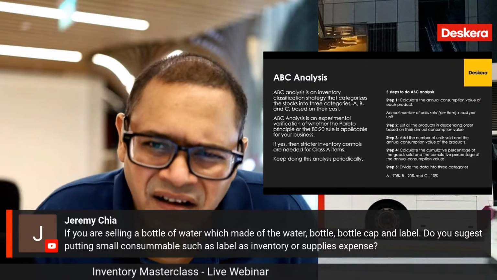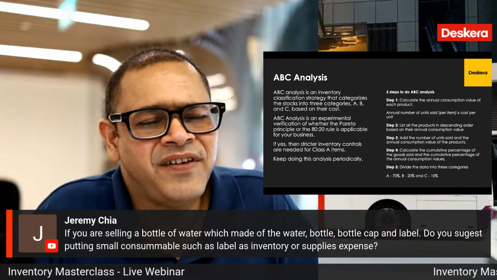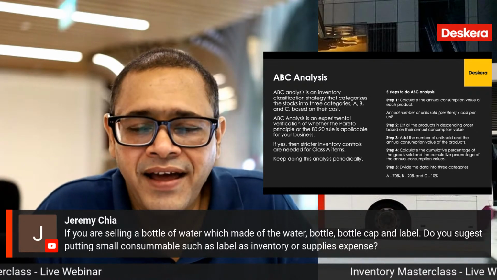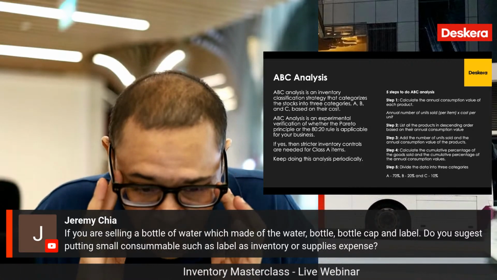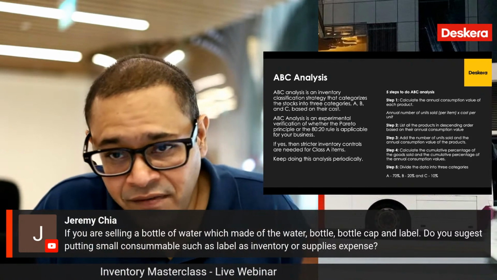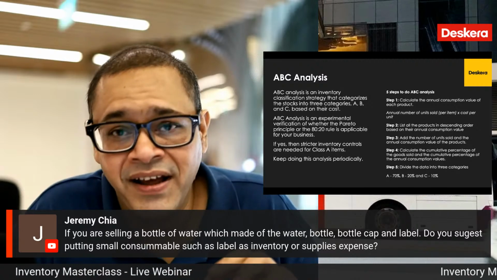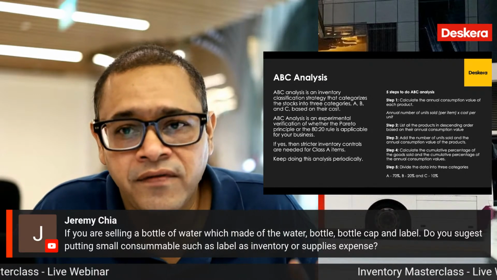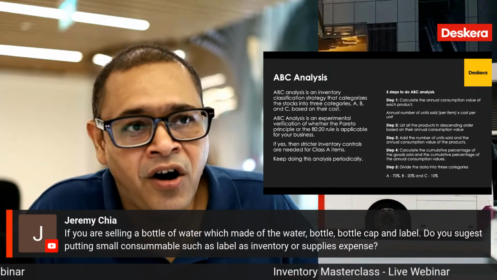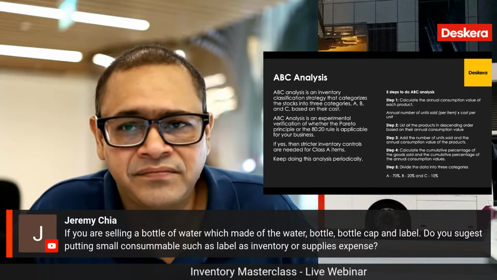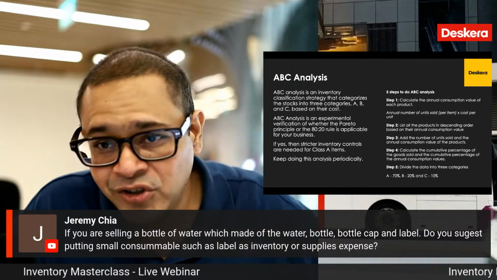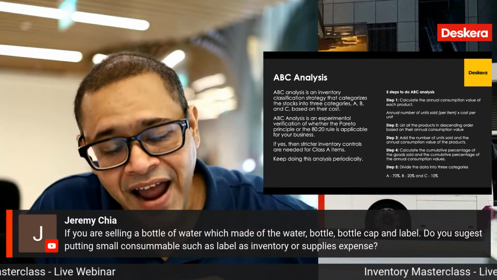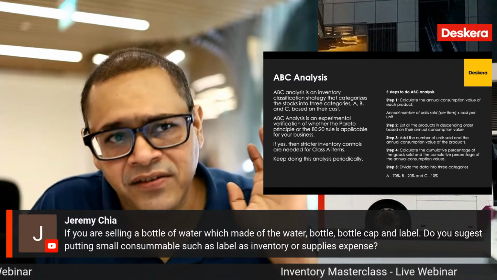Now, very small consumables which you are not spending a lot on in terms of inventory cost that we saw earlier. For example, if you're not spending a significant amount of money on holding that inventory or ordering that inventory, etc., all the associated costs, right? If they are not adding up to a lot, then you can just put them as expenses.